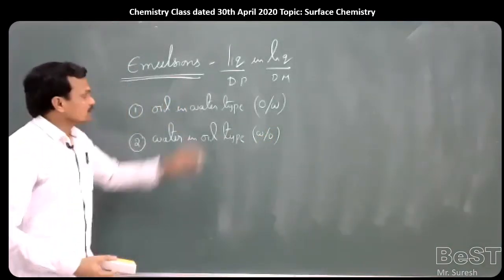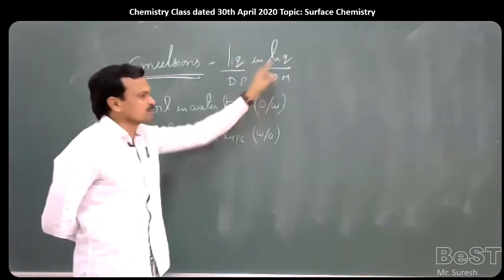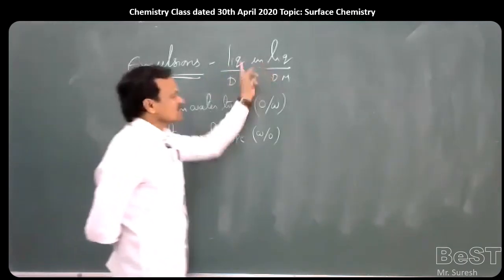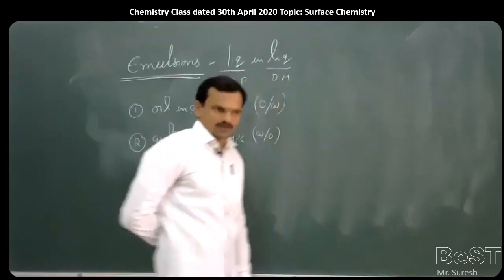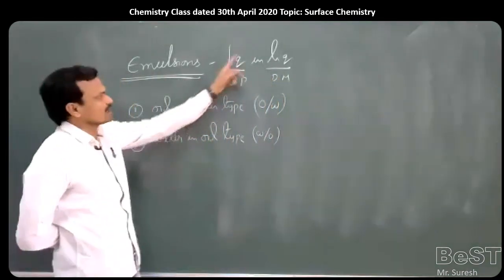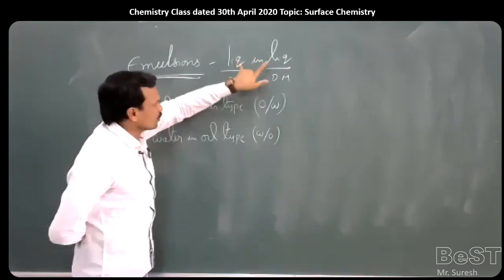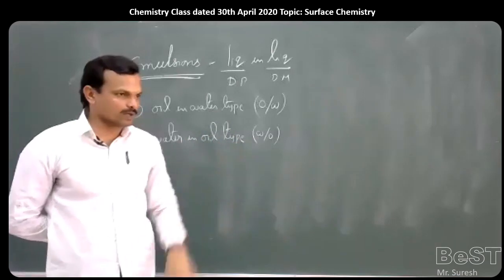One thing here: the two liquids we have taken must be immiscible or partially miscible. Suppose if two liquids are miscible with each other, then we will not get a colloidal solution, we will simply get a true solution, a homogeneous mixture. The two liquids must be immiscible with each other or partially soluble.